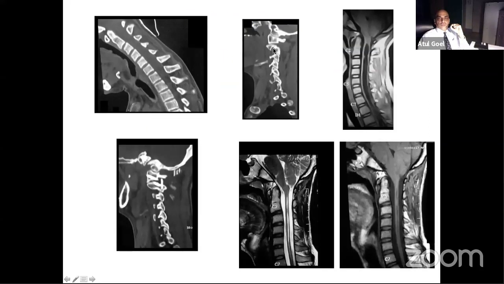So these are atlantoaxial unstable facets. There is Chiari malformation. There is syringomyelia. You have to do no decompression, no decompression. You do atlantoaxial fixation. The syringomyelia will reduce and the patient will improve in the evening of operation.